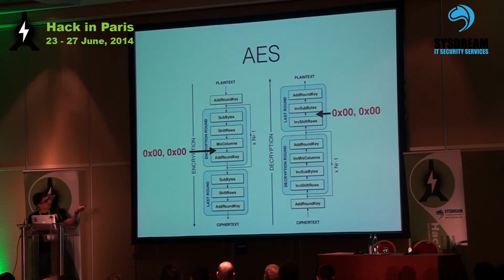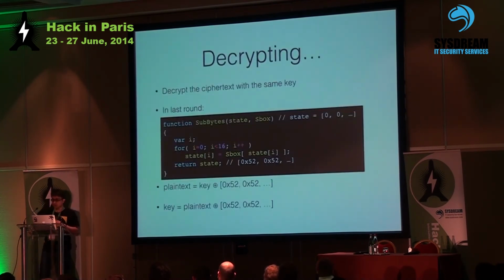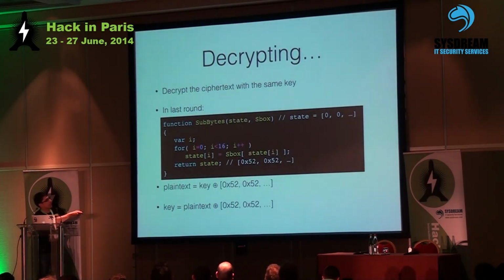There's an inverse sub-bytes function, which is very similar to the sub-bytes function. It's just that the constant array is actually an inverse of the S-box array used during encryption. But this time we have 16 zero bytes. So every item in the state will become the first entry in the inverse S-box array, which happens to be 52 hexadecimal.